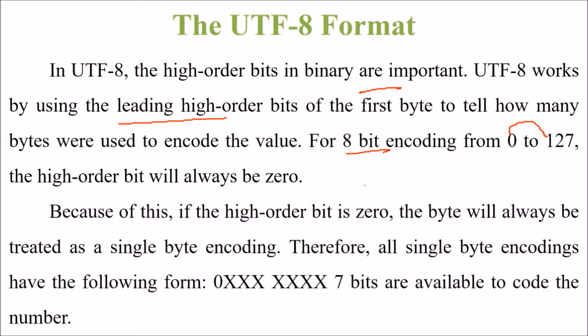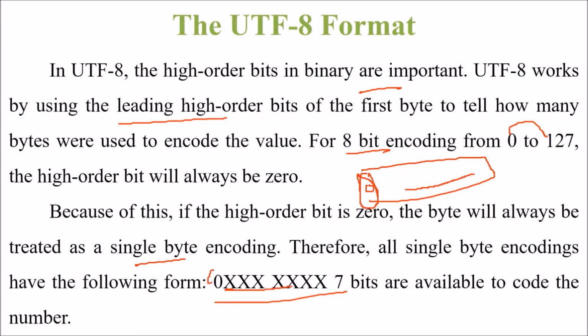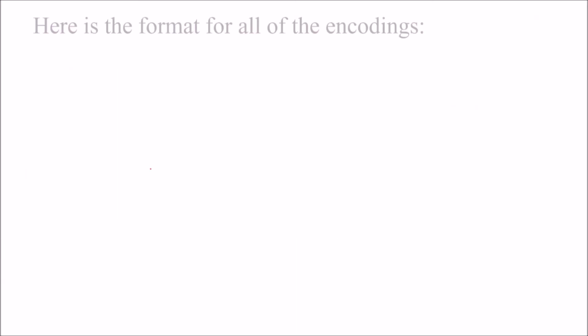If the higher bit of a byte is 0, the byte will always be treated as a single byte encoding. Say of this form: 0 followed by any combination of bits. There are 7 bits available to code the number.